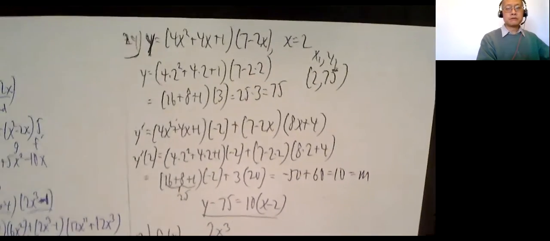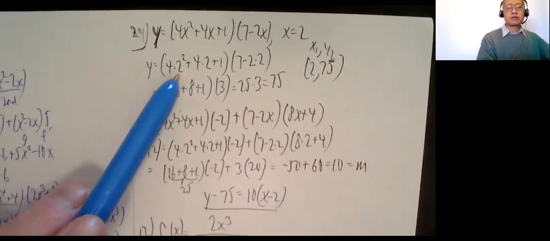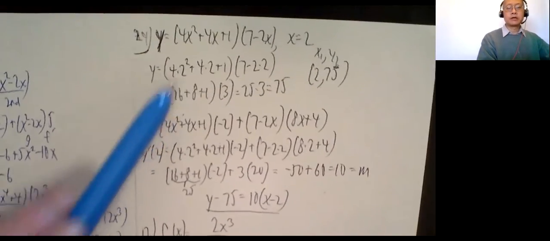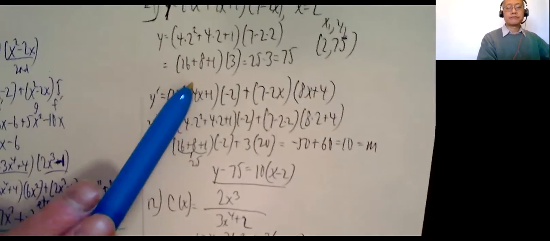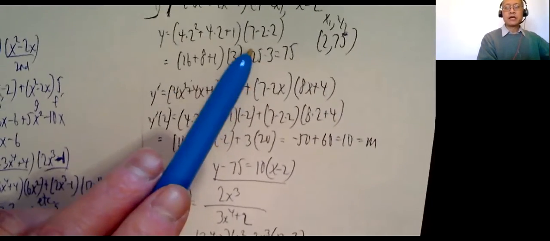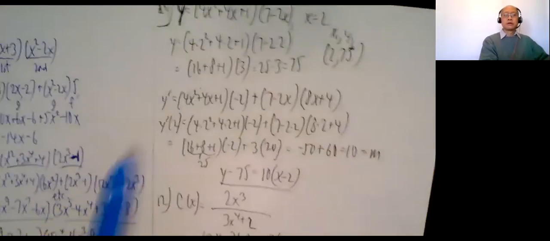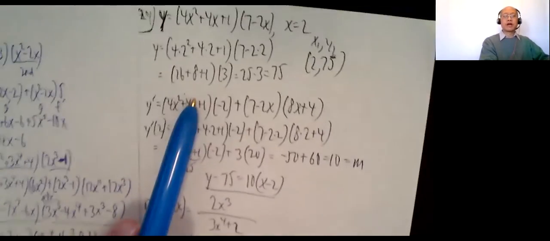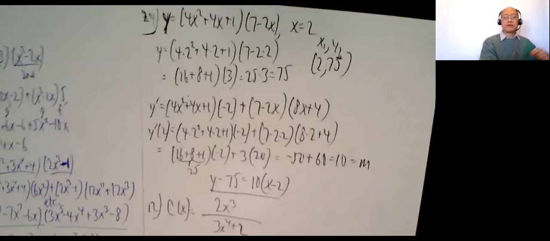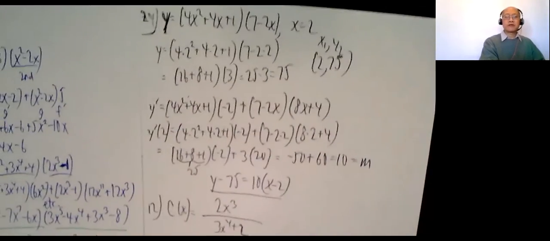Clean it up. 4 times 4, 16, plus 4 times 2 is 8, plus 1. 7 minus 4 is 3. 16 plus 8 plus 1 is 25. 25 times 3, 75. Okay, so the point is 2 comma 75.